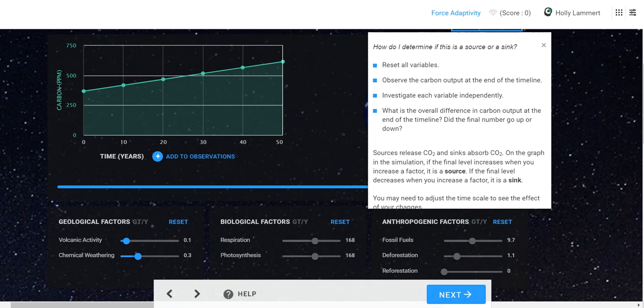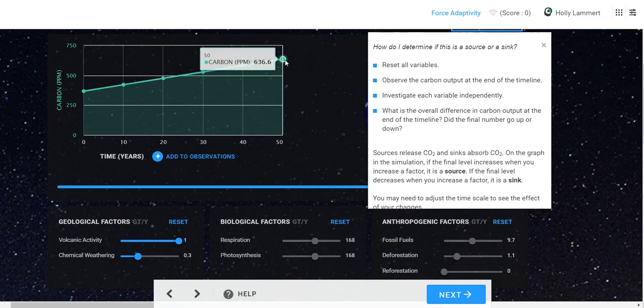So what do we see carbon in? Do you remember what ppm means? That's parts per million. So at time year 50, there is 615.5 carbon parts per million. And then we're going to increase the volcanic activity and see what happens.